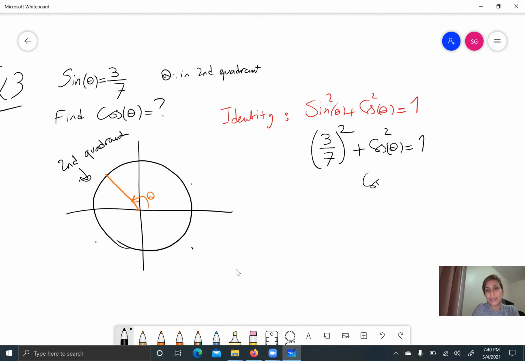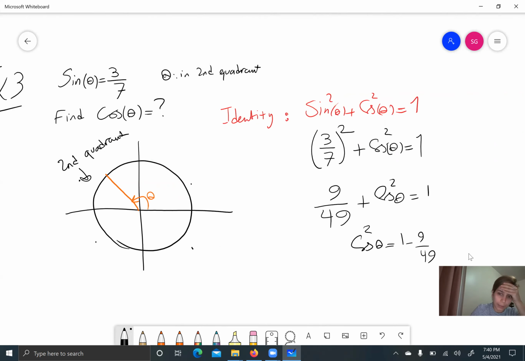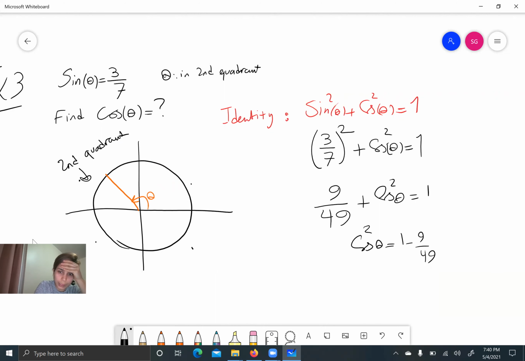So from here we can solve it, and then we can solve it for cosine. So this is gonna be 40 divided by 49.